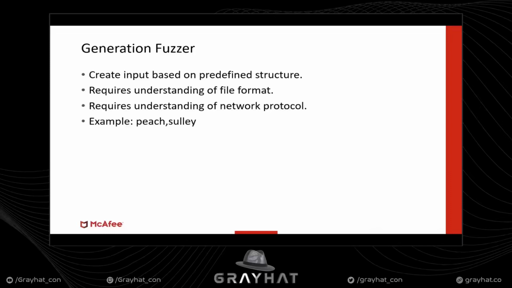A generation fuzzer requires understanding of the file format as well as the network protocol, and some examples are Peach and Spike. If you want to use a generation fuzzer, you need to provide a predefined template, and based on that, the fuzzer will generate new inputs. If you want, you can try Peach and Spike.